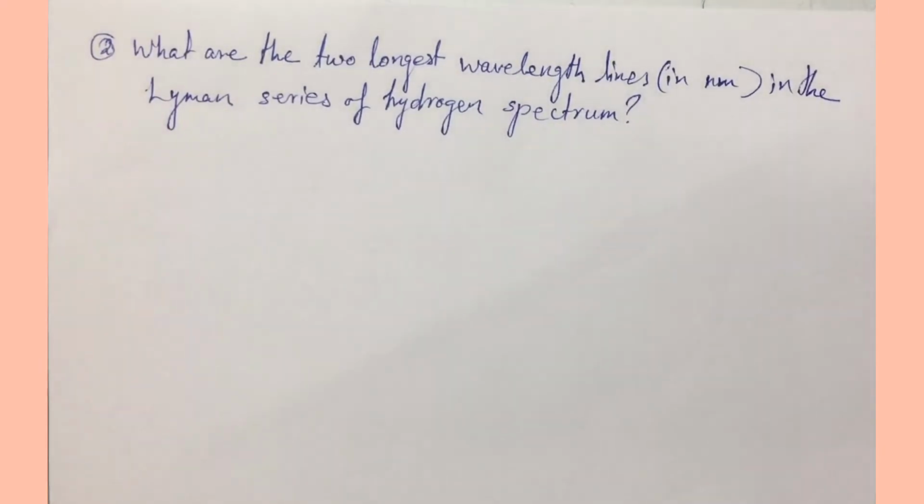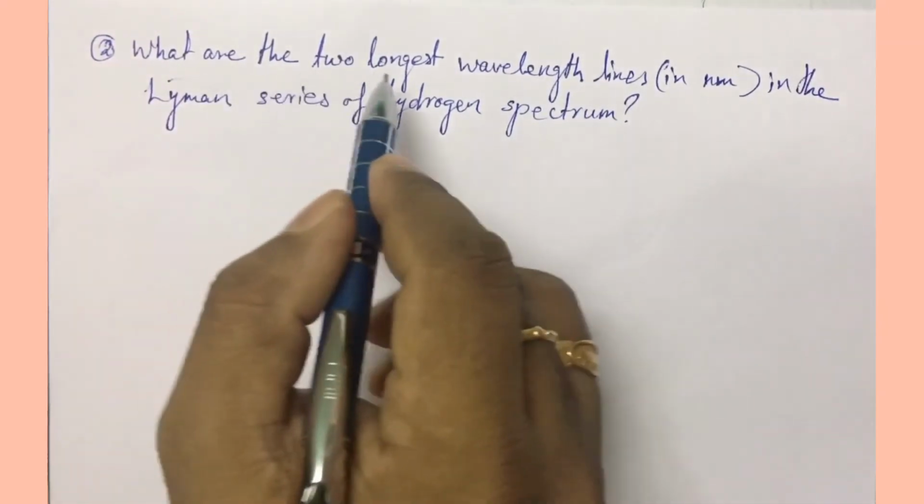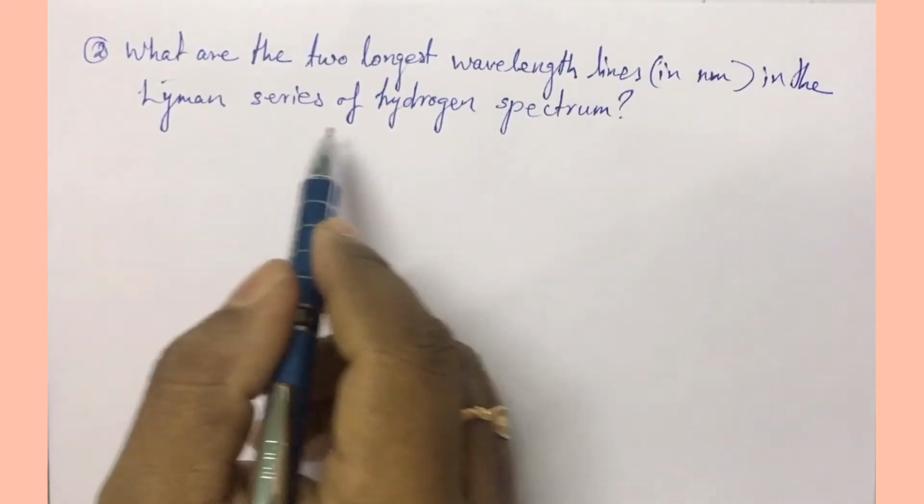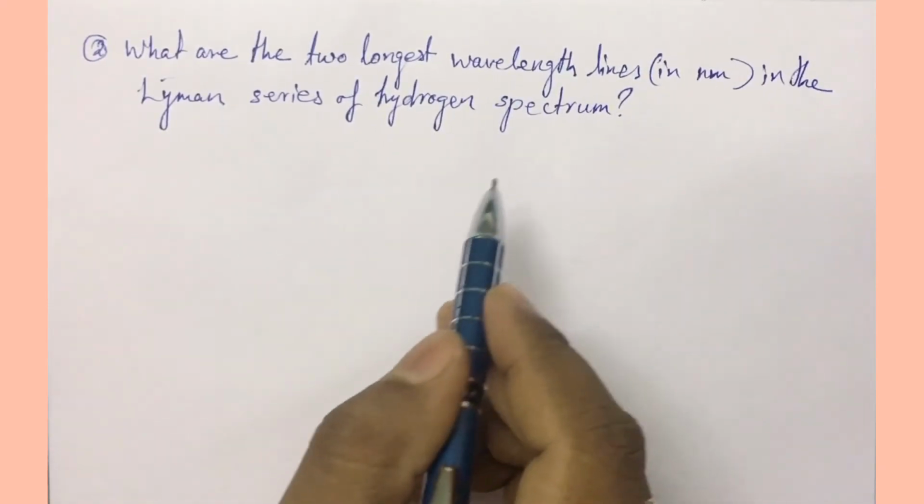So children, the question is: what are the two longest wavelength lines in the Lyman series of hydrogen spectrum?